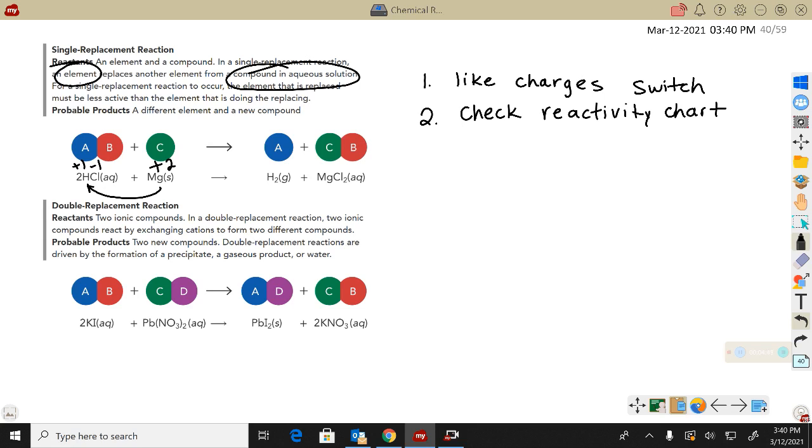Magnesium needs to be more reactive than hydrogen. If it is, then the replacement is a go. Then I would switch magnesium and kick out hydrogen. And once you write your final products with the single element, we need to check for a diatomic.